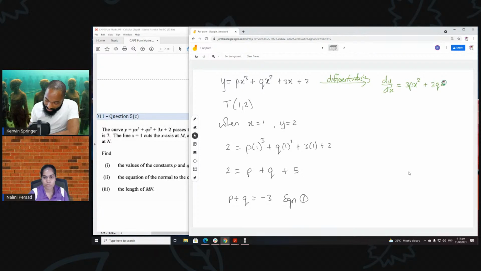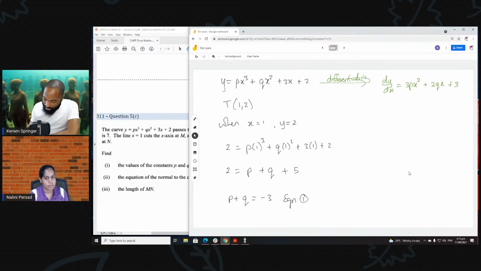Now keep in mind p is a constant, like a number, so we don't know what number it is, so we just put it back. When we differentiate, this is what happens. Nothing extravagant. You're just leaving the p there, and then 3, and well, the 2 goes bye-bye. Constants disappear when you differentiate.